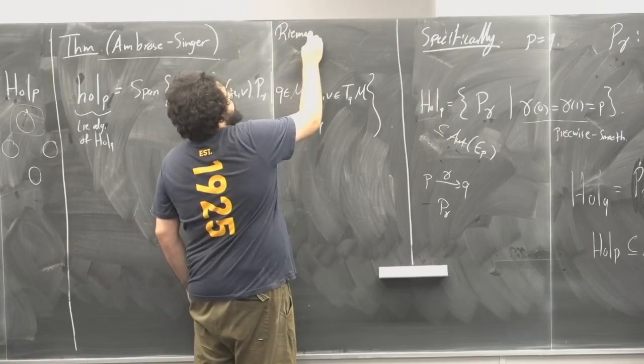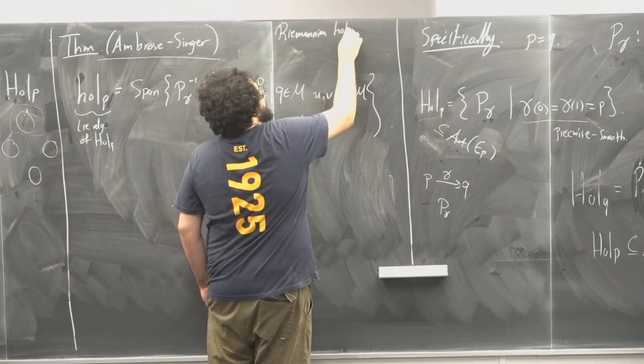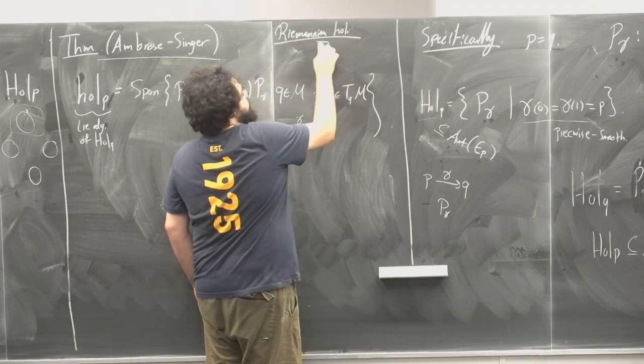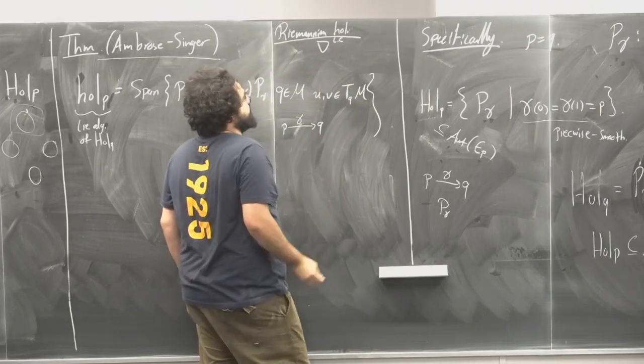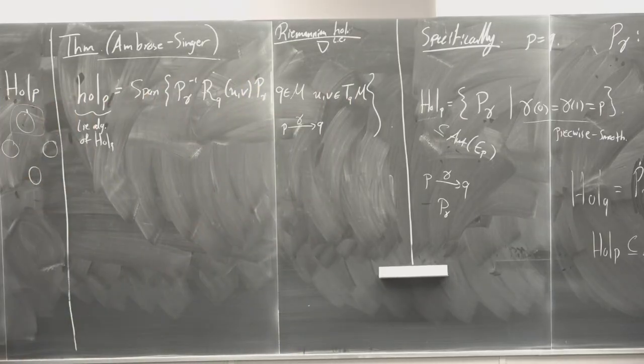So for Riemannian holonomy, basically we have a nabla LC. We call it the Levi-Civita connection, and we use that on some Riemannian manifold, and then all the parallel transports and holonomy groups are the ones of the Levi-Civita connection. Okay.